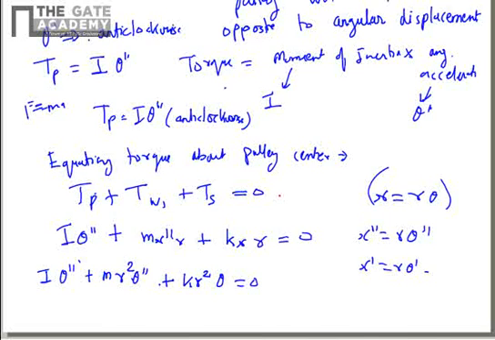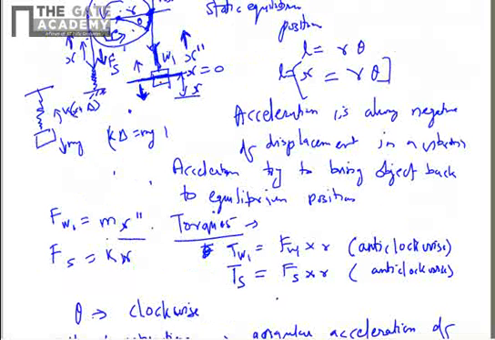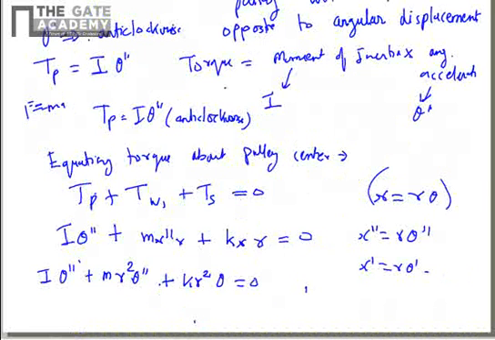Now what about the mass m? We were given in the problem weight and not the mass, so your mass m is equal to weight 1 by g. Similarly, the moment of inertia is also not given. We have to make assumptions. Weight of the pulley was given, that was equal to W2. So W2 by g will be mass of the pulley, and we have to assume a radius of gyration. We will consider the pulley, all mass is concentrated at the rim.